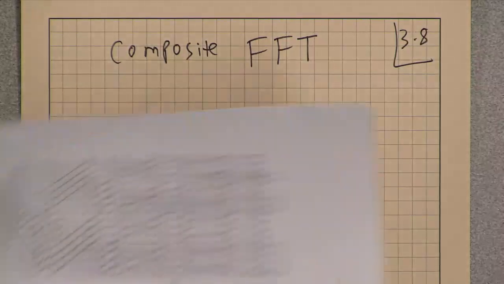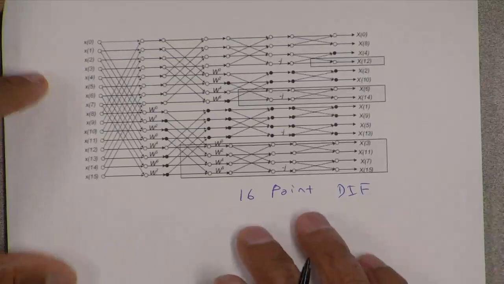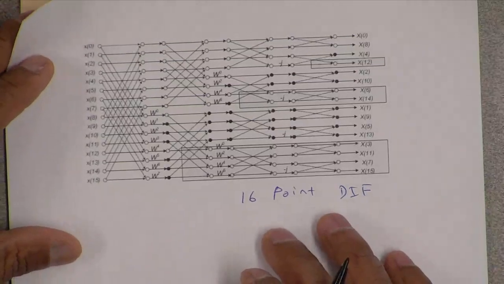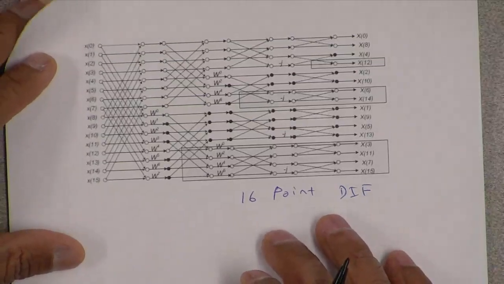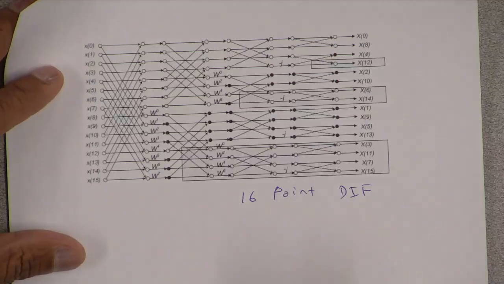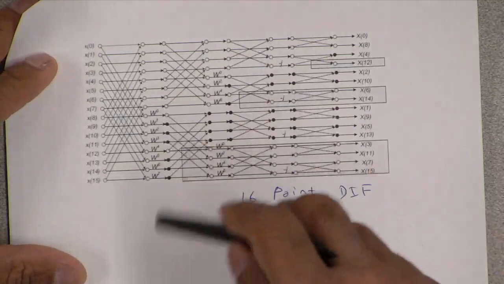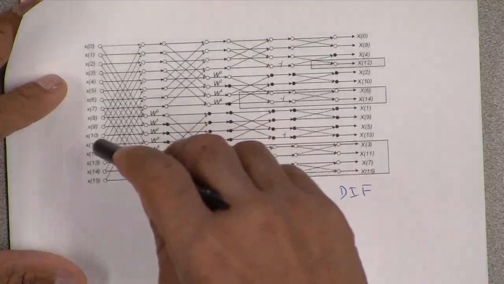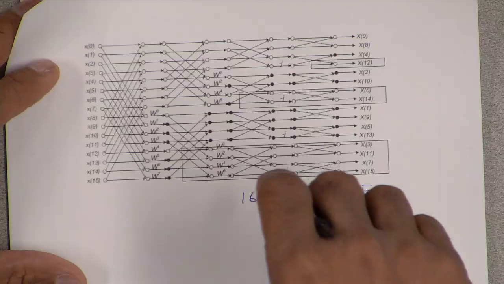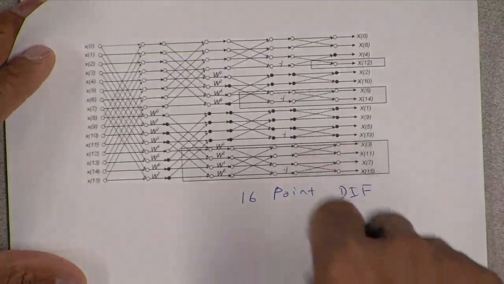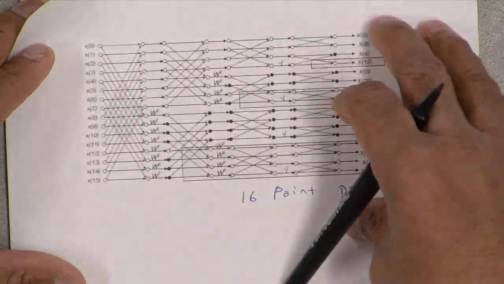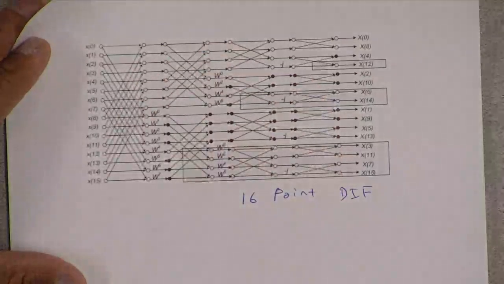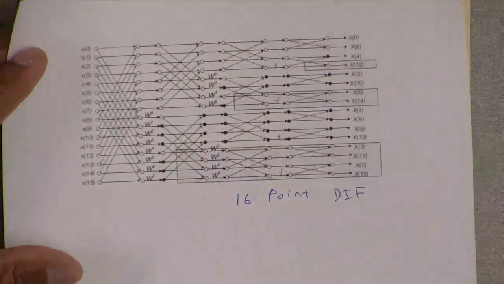By the way, this is another block diagram that I just grabbed. Before you start your next homework, just sit down and draw the 16-point decimation in time and decimation in frequency complete diagram on your own before starting the homework. That will help you a lot.